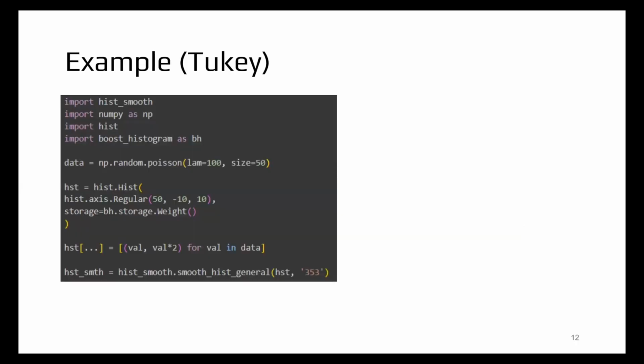Here is an example of code. Here we create some data, create histograms, and as you can see we use one universal function. Here we specify the sequence of Tukey functions. The user can specify their own sequence however they want, or write monotonic or parabolic to use monotonic and parabolic smoothing.